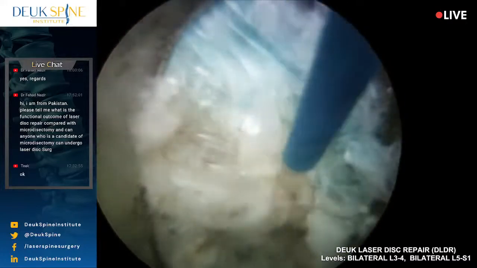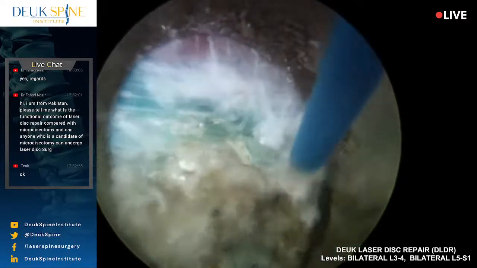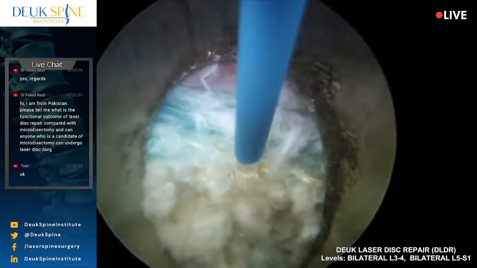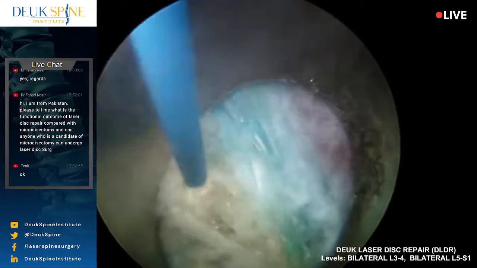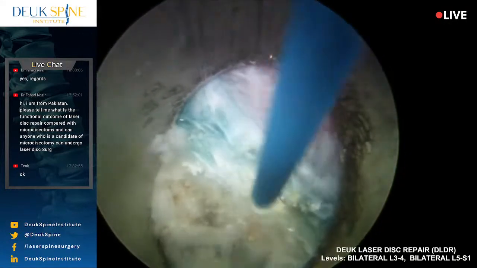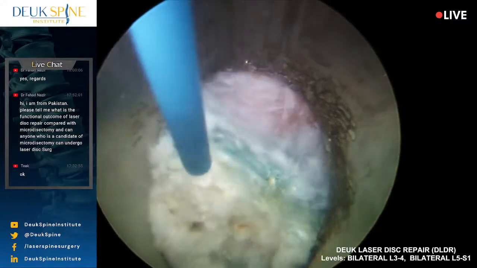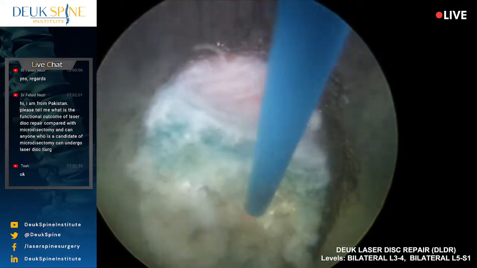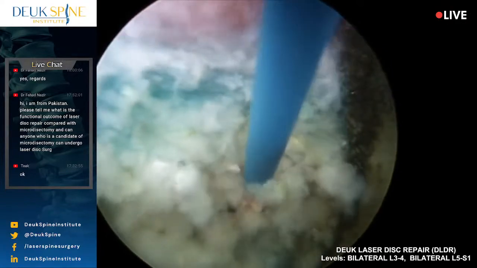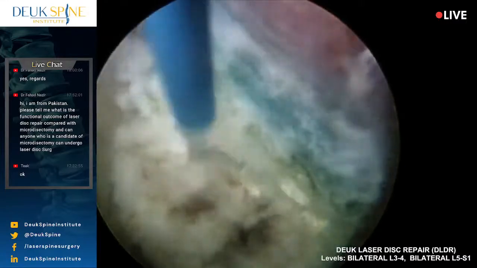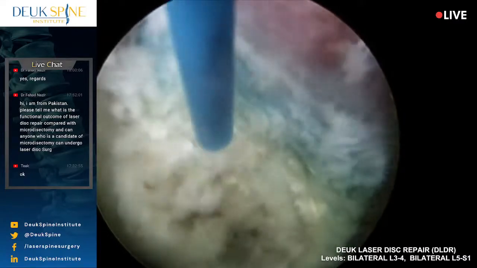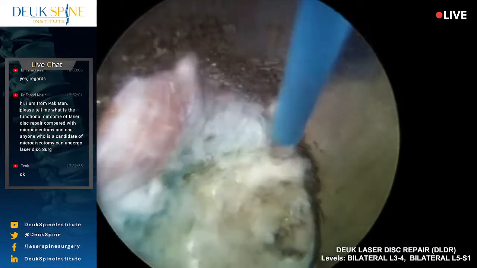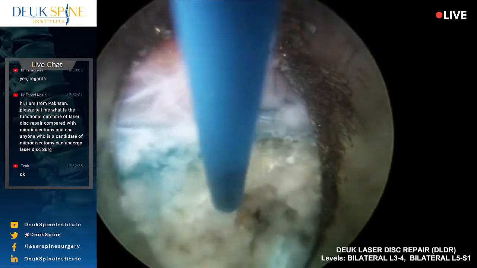This is all scar tissue. It's a big old vein right there.